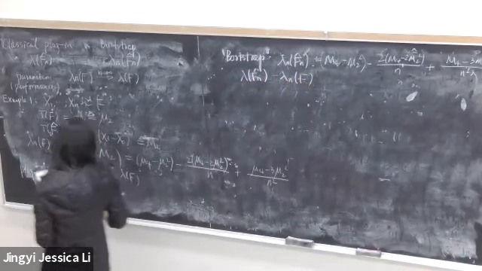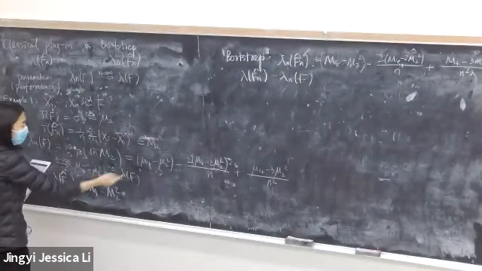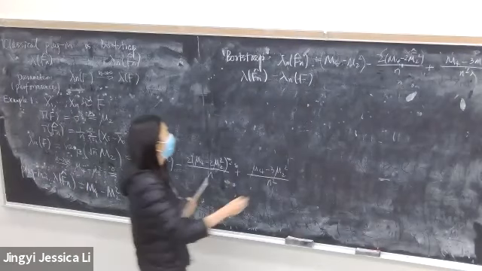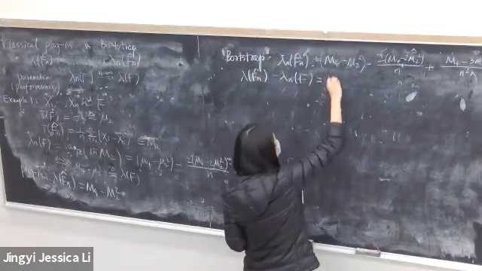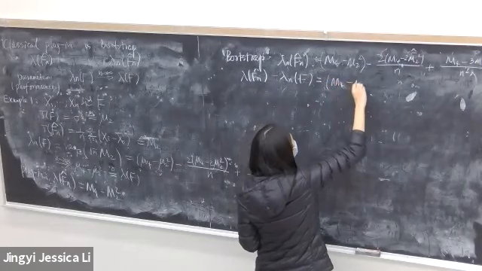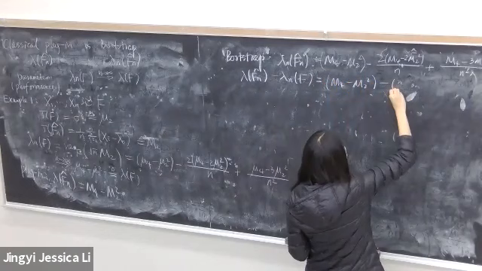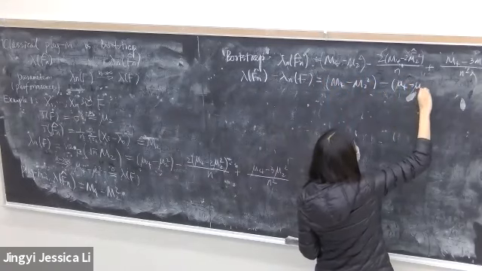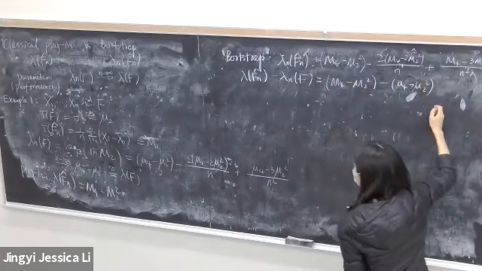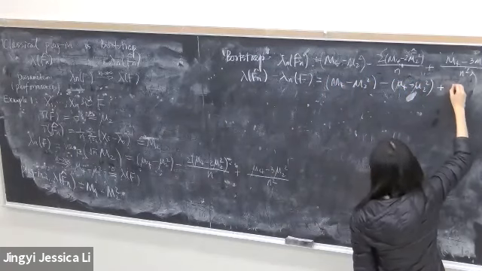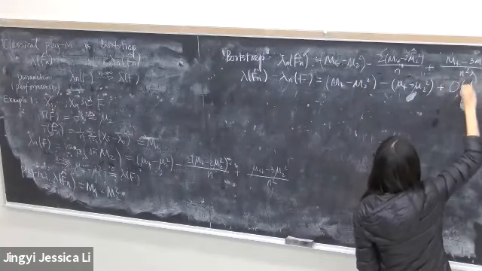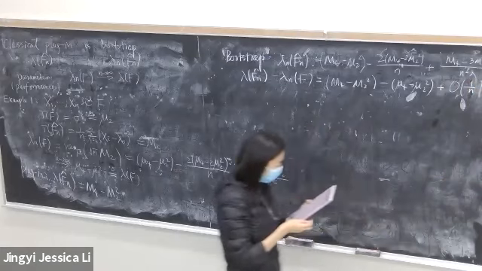If I take the difference, I'm having just m4 minus m2 squared minus mu4 minus mu2 squared plus big O 1 over n.